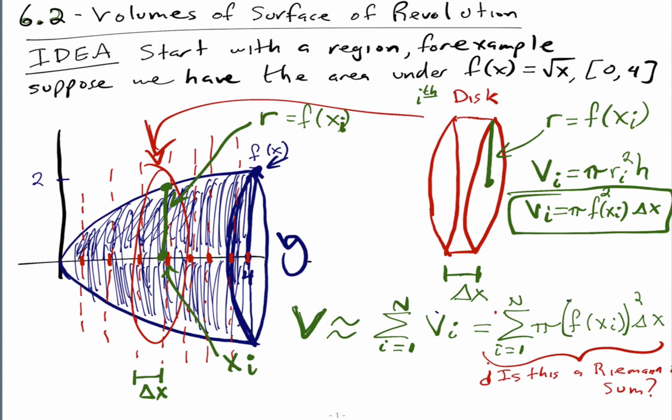And that sum, if it's a Riemann sum, I can turn it into an integral and easily evaluate it. If it's not a Riemann sum, well then either I'm out of luck or I have to do some other stuff to turn it into a Riemann sum. Does that make sense? This same exact strategy you'll see repeated over and over in different contexts, but it's the same strategy over and over again.